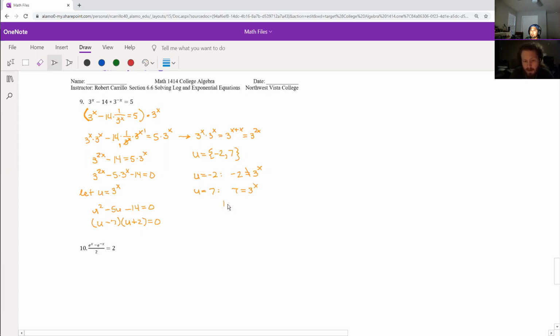We'll take log base 3 of both sides: log base 3 of 7 will equal log base 3 of 3 to the x. So this is log base 3 of 7 equals x times log base 3 of 3. And this gives us that x equals log base 3 of 7.